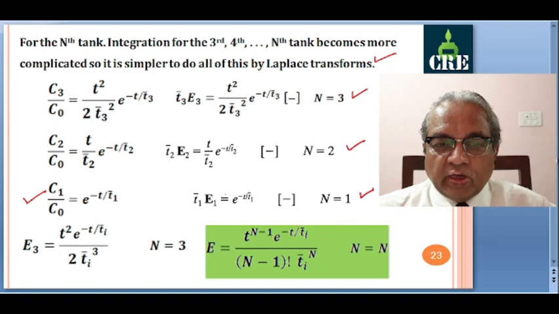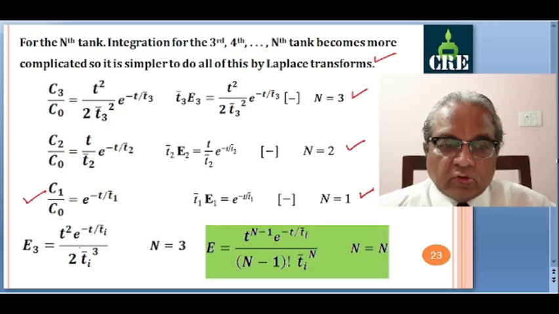And numerator we don't have T here, that means T raised to 0. Here we have T, cubic term. Transfer this on this side, so write E3 is equal to T square by 2 T3 bar cube, and e raised to minus T by T3 bar. So all we have written.